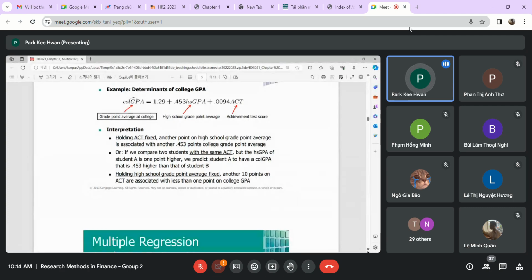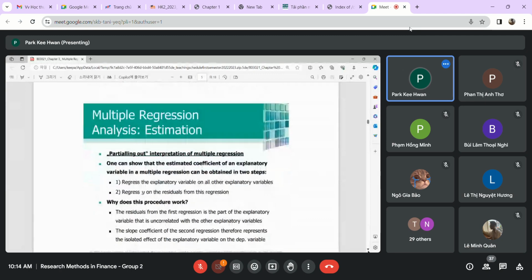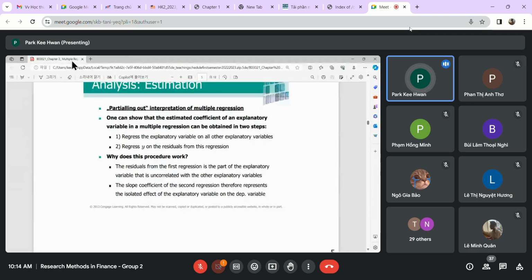So that is the very good thing about the multiple regression. So let's talk more about this one. This is the partialing out. We can have another interpretation, the so-called partialing out interpretation of the multiple regression. There is a second way to estimate.